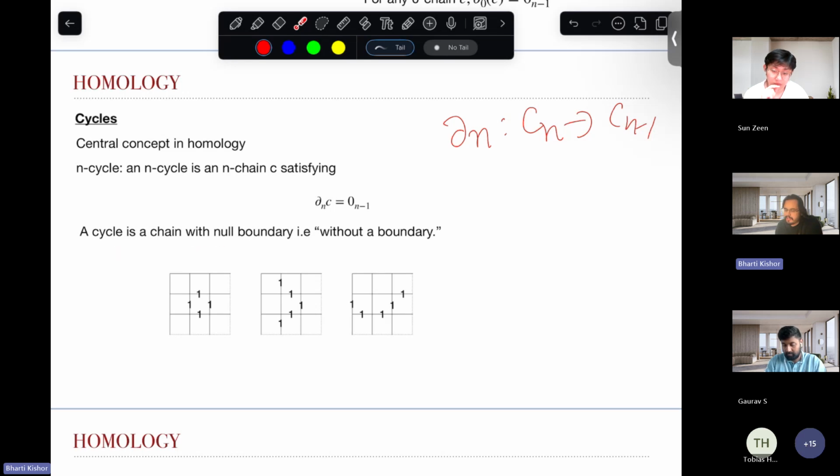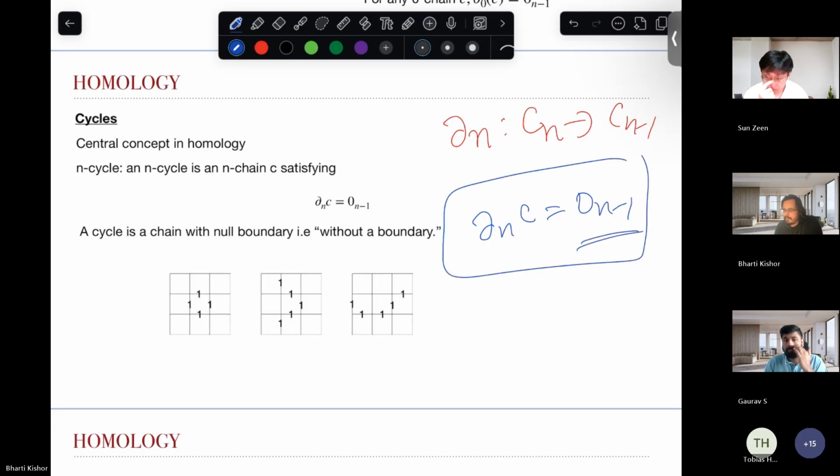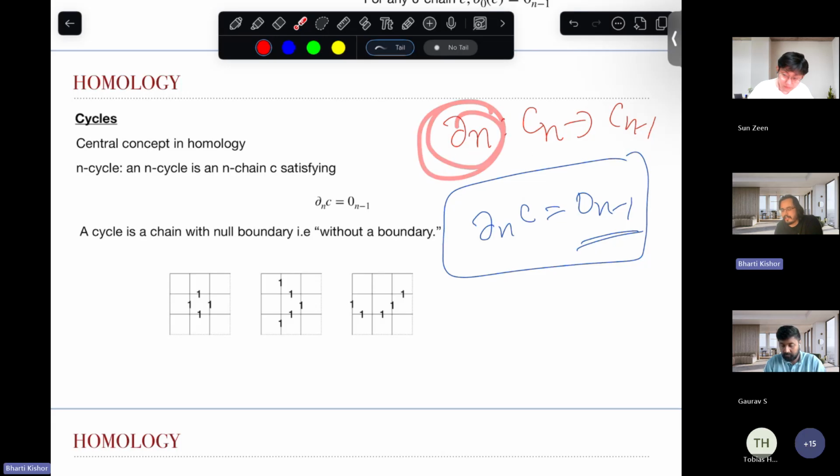So basically it means that when I act with delta n on C, that gives me 0 n minus 1. You can also think of it as all elements which are in the kernel of delta n. All elements which are in the kernel of delta n give you cycles. And based on that, you can again define a group called the group of cycles.